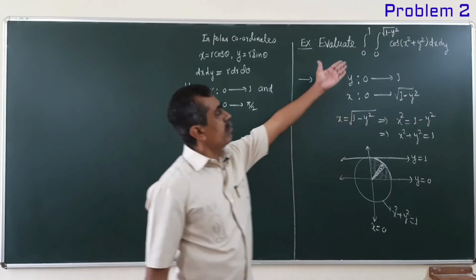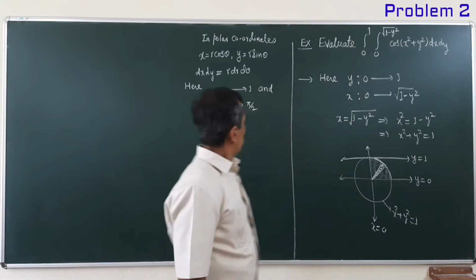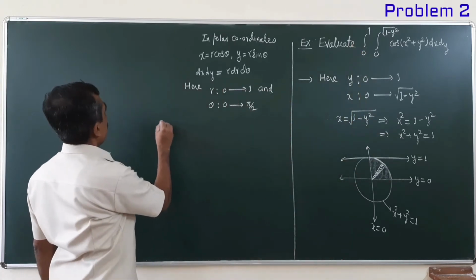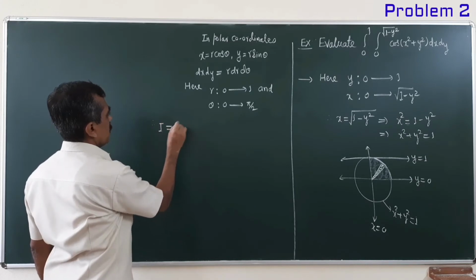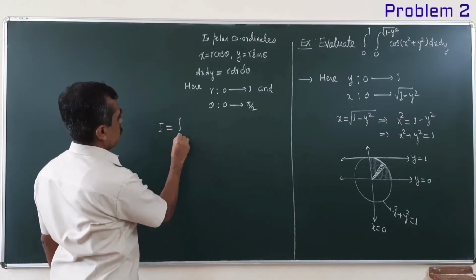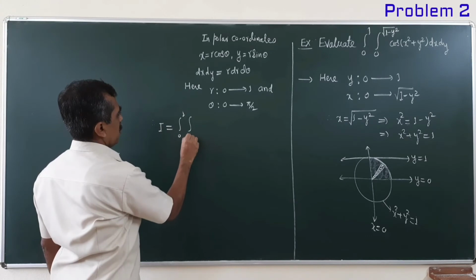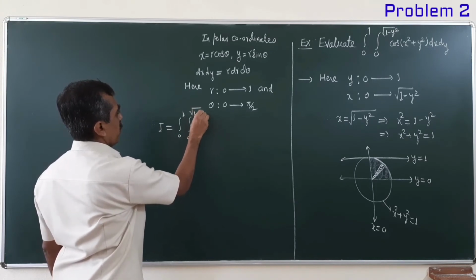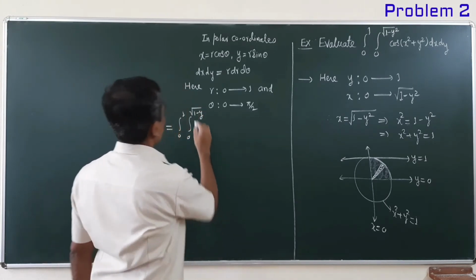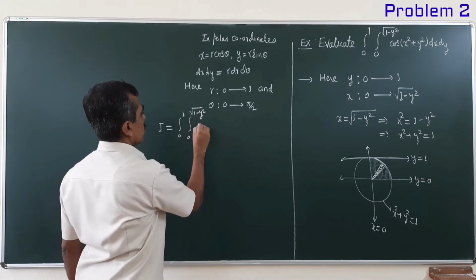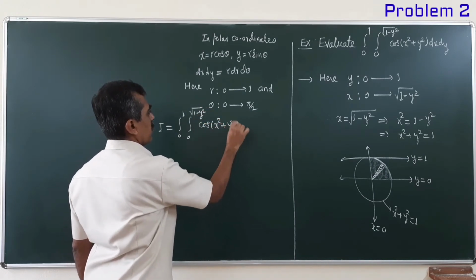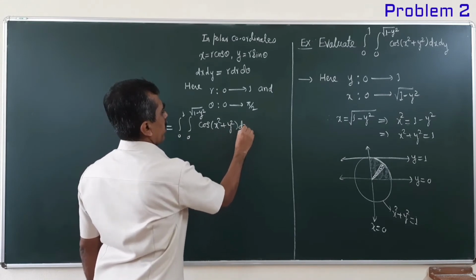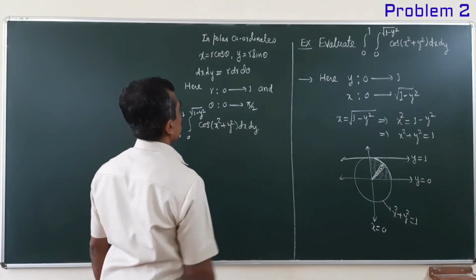Now just go for your integral. So I is equal to integral 0 to 1, integral 0 to under root 1 minus y square, cos of x square plus y square dx dy.